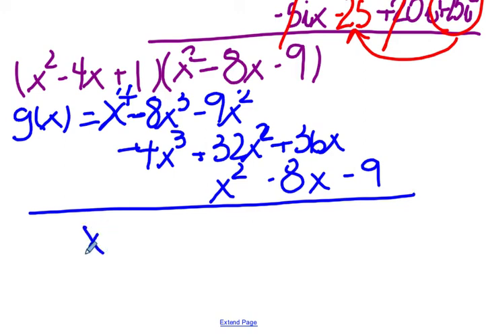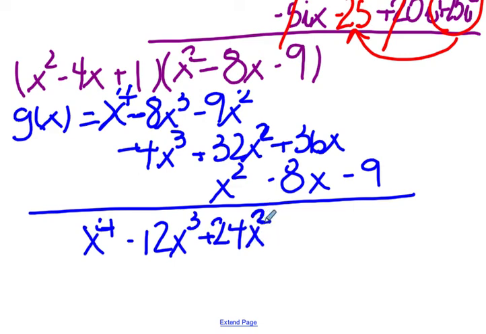So x to the 4th minus 12x cubed, 32 minus 9 would give you 23, so plus 24x squared. 36 minus 8 would give you, again, a positive 24x. And then minus 9.